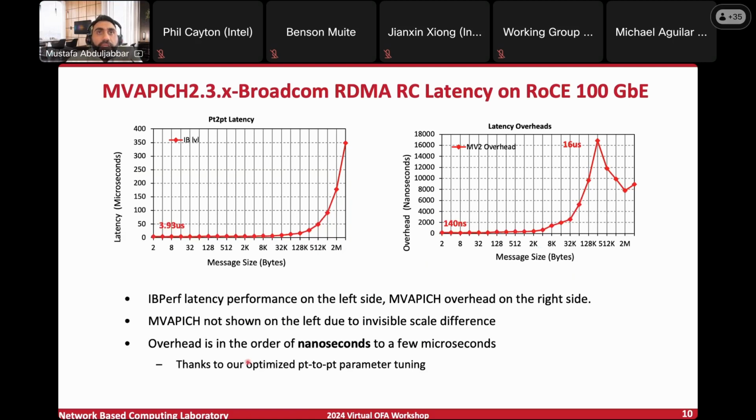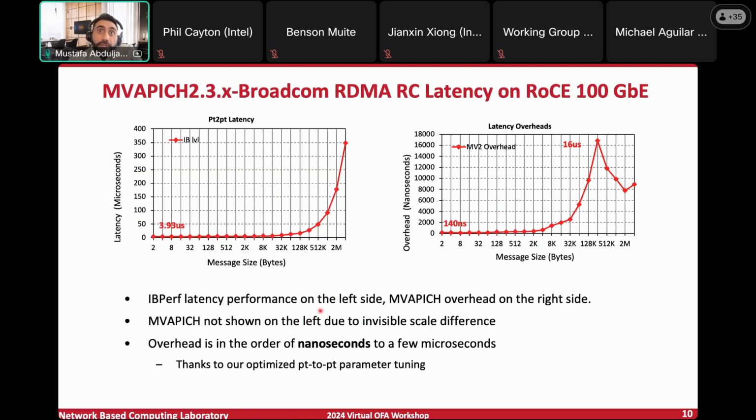So to start off with the IB perf latency. On the left side, we have the IB level latency, and on the right side, we show the overhead that we incur on top of IB perf. We don't show MVAPICH on the same curve because the lines almost overlap given the linear scale.